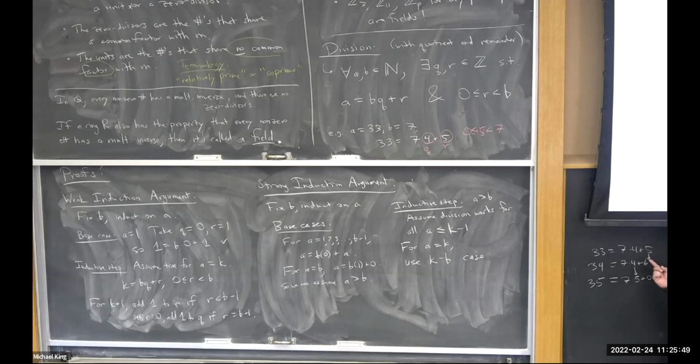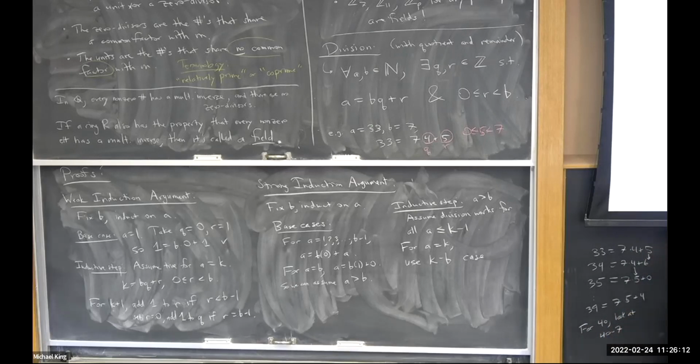Then if I want to do 33, I could look at 33 minus 7, 26. Or maybe I want to do 40. Let's say we know up to 39. Maybe that's easier. 7 times 5 plus 4. So for 40, look at 40 minus 7.